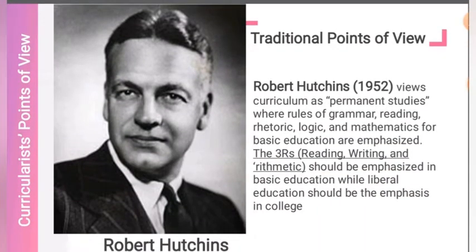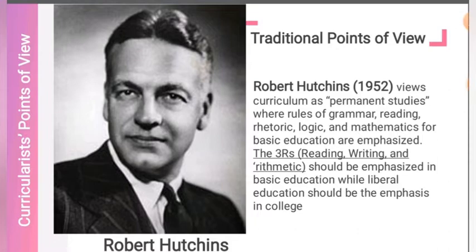Next, we have Robert Hutchins, one of the curricularists that has a traditional point of view. Robert Hutchins views curriculum as permanent studies where rules of grammar, reading, rhetoric, logic, and mathematics for basic education are emphasized.